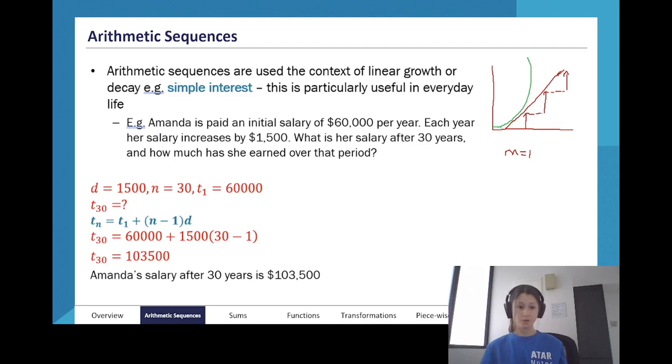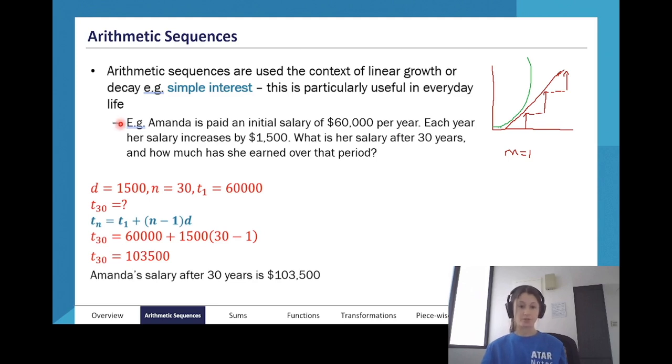So this is why our arithmetic sequences are linear, because we have a constant difference, which means that the gradient is always going to be constant. Okay, but yeah, jot that down for when you get to geometric sequences, because that is important.